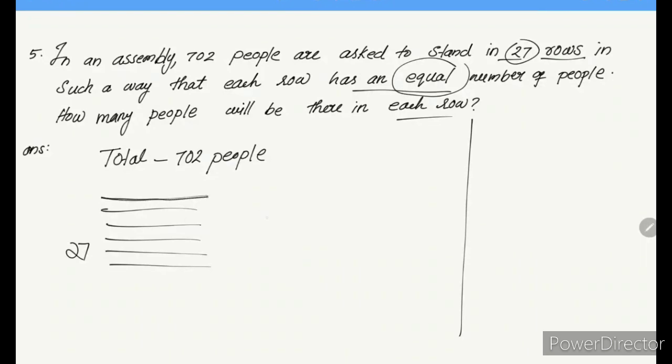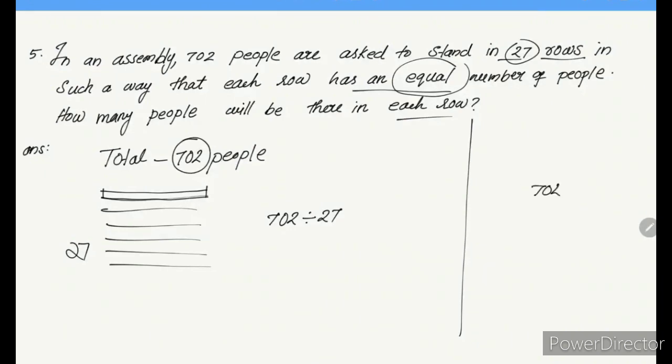That we can find by 702 divided by 27. How do we know? We multiply 27 with the number of people in one row, and that gives 702.